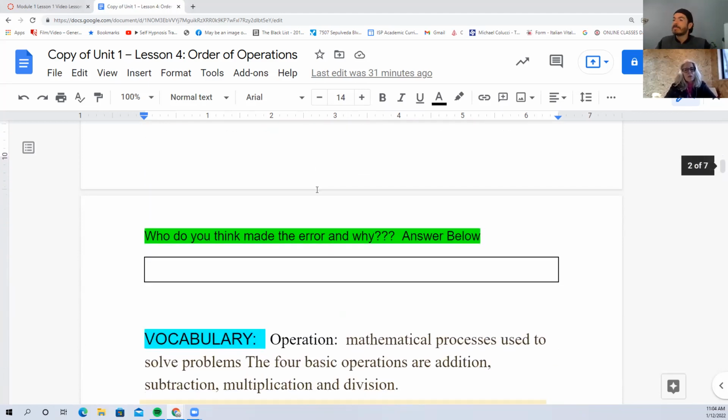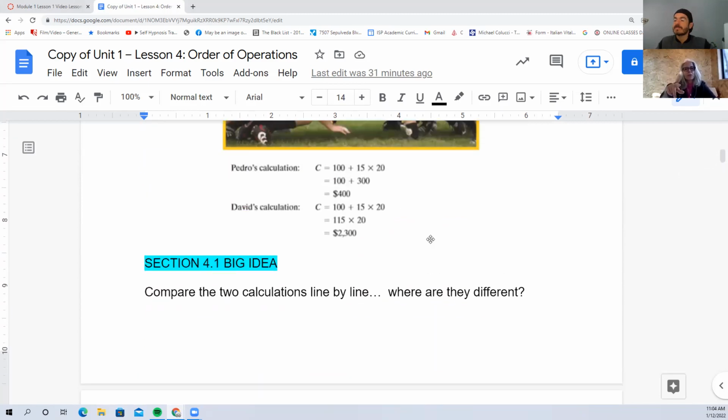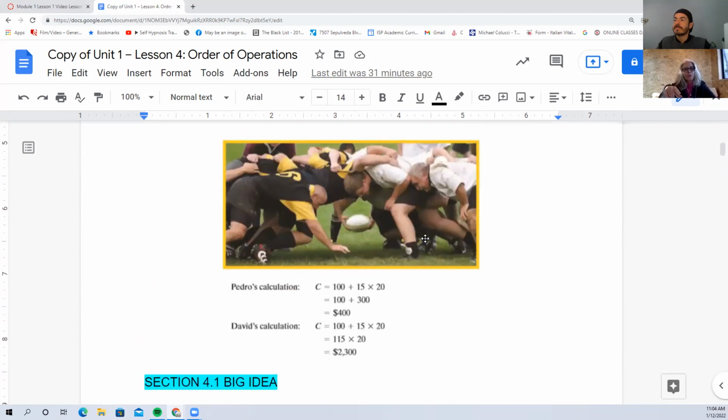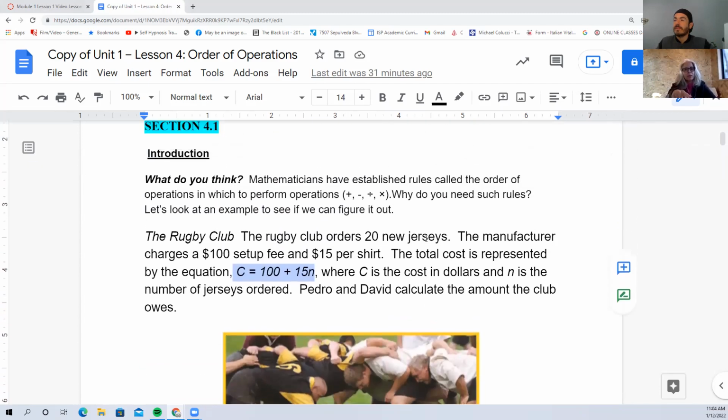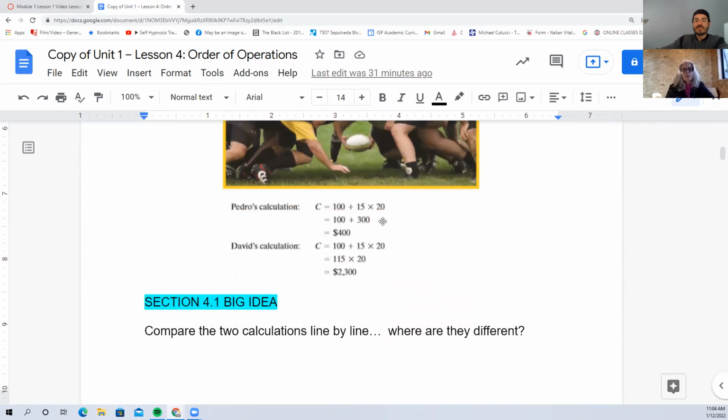I want to also point out, if you can scroll back up to that expression above the picture, that the algebraic expression was C equals 100 plus 15n, and then the example is where the n has been replaced by 20 because that's the number of shirts.